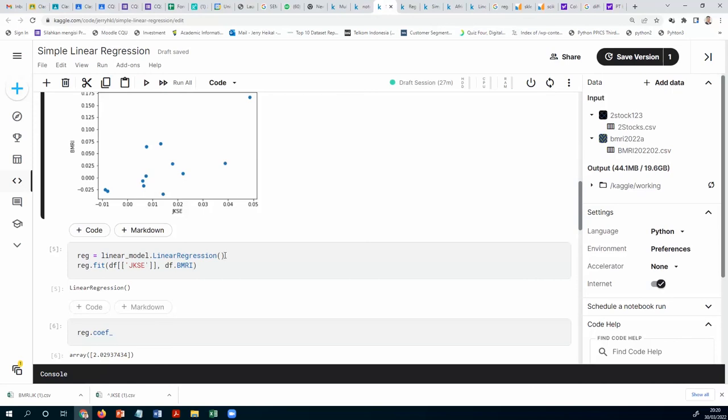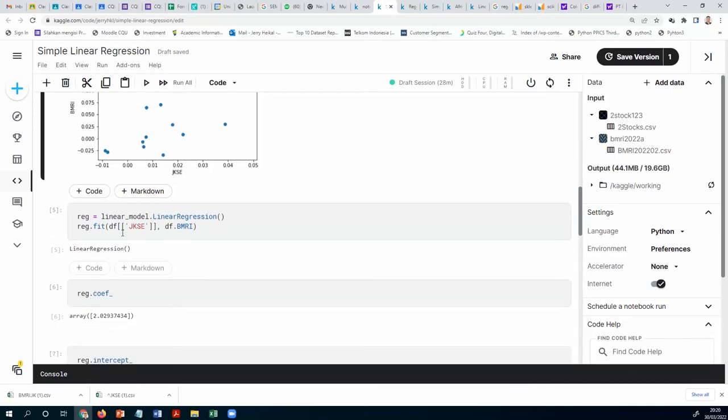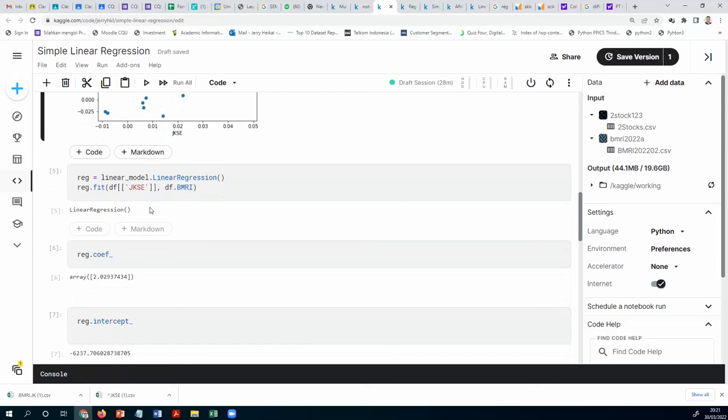Okay, and then we fit the model using Jakarta Stock Exchange as X and BMRI as Y. This is the data frame with double brackets: Jakarta Stock Exchange, comma, and BMRI as the Y. Why do we put double brackets?